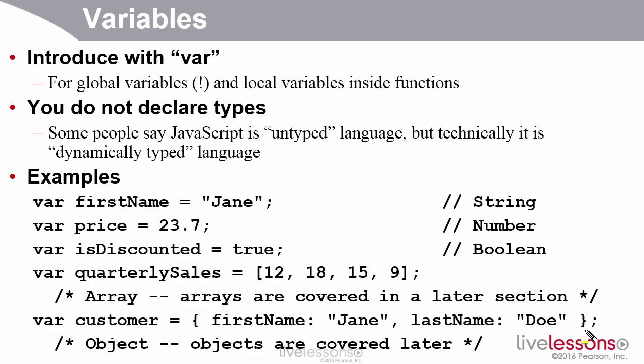All right, so you use var to introduce variables. And just as a quick aside, there also are comments. So if you have two slashes in a row, then the rest of that line is ignored by JavaScript. And it's a very good idea in your code, if you're doing something that's not obvious, to explain what you mean, so that you or another programmer who comes along later can maintain and modify your code.